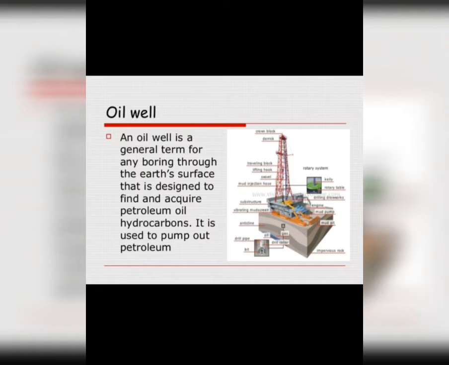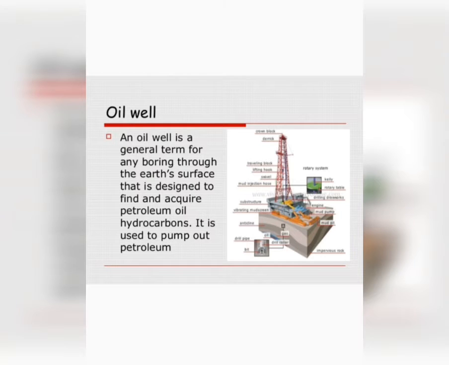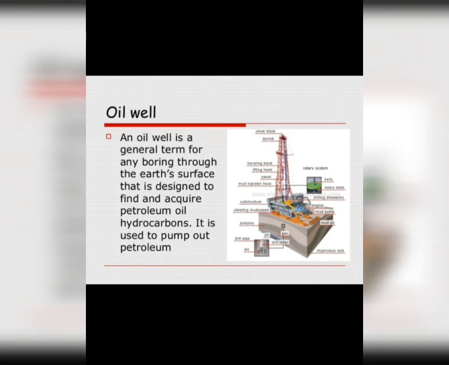It's separated into different useful fractions. And yes, students, the separation of petroleum into different fractions is done by the process of fractional distillation, in which the fractions of petroleum having different boiling point ranges are collected separately.